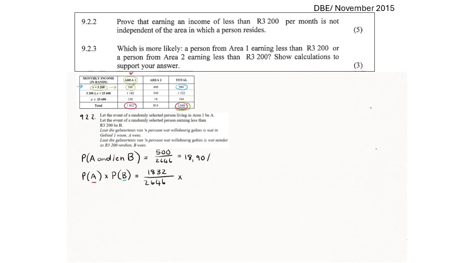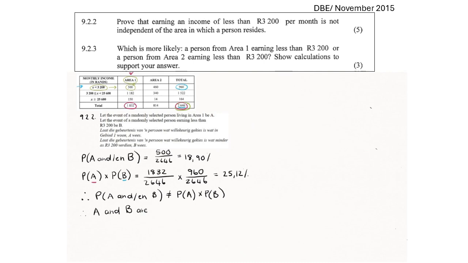And that we divide by 2,646. And when we multiply these two fractions, we get an answer of 25.9%. And this is definitely not equal to the probability of A and B, and therefore A and B are not independent.